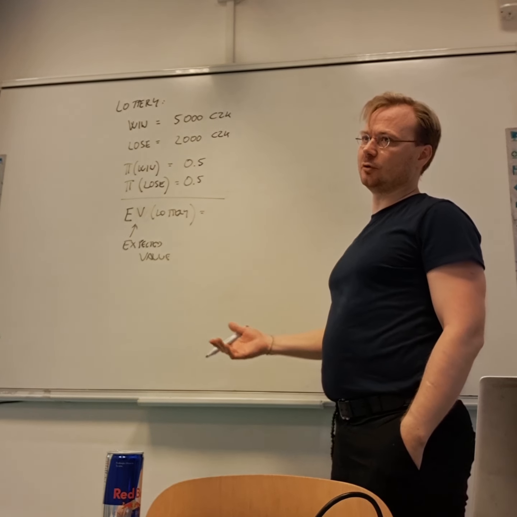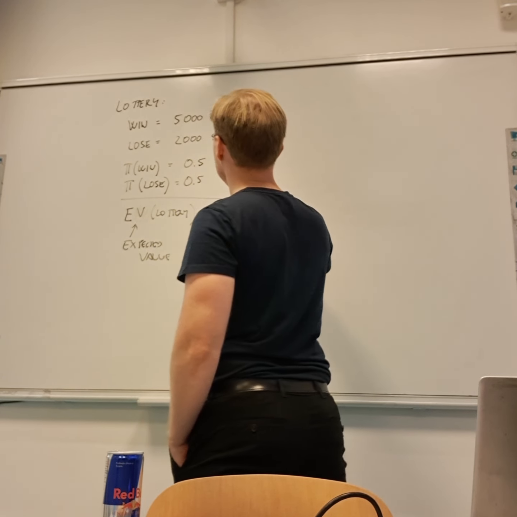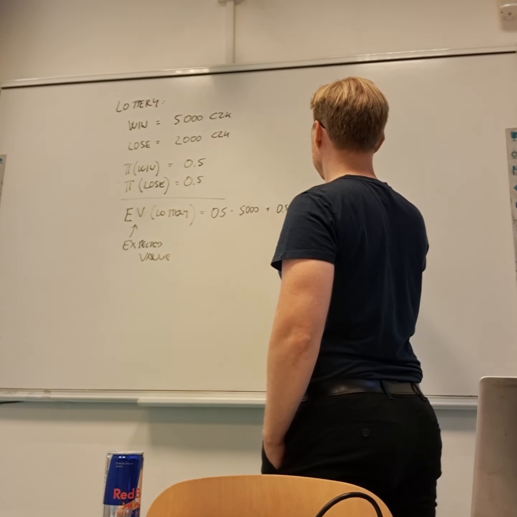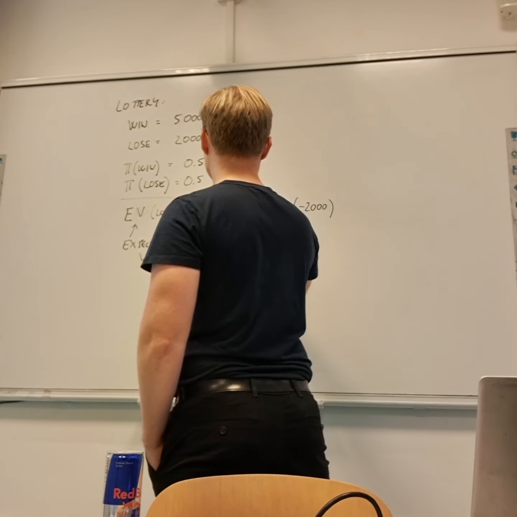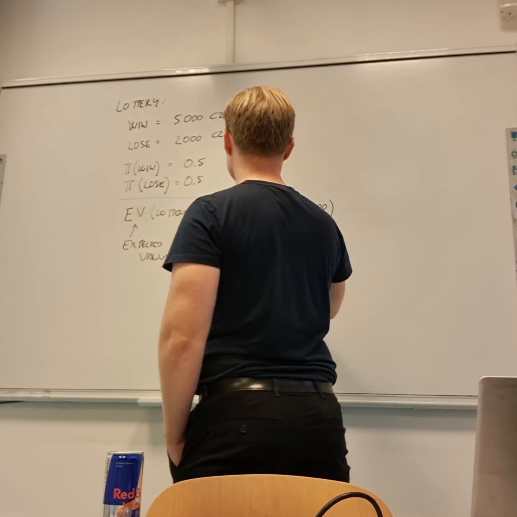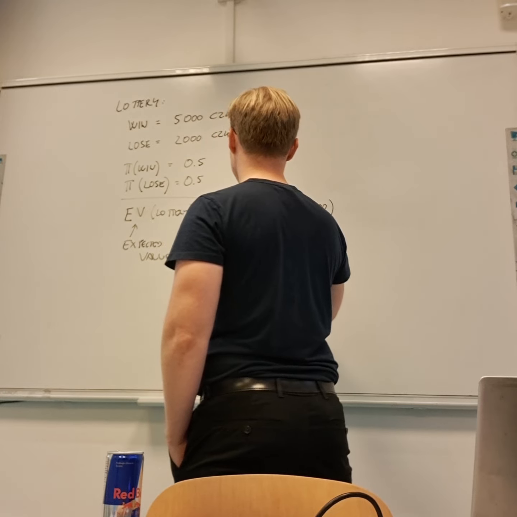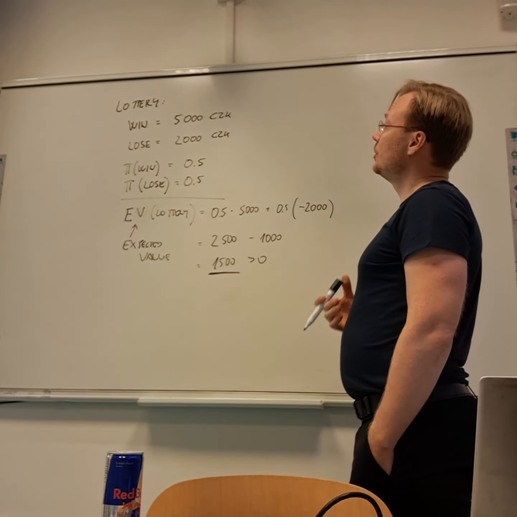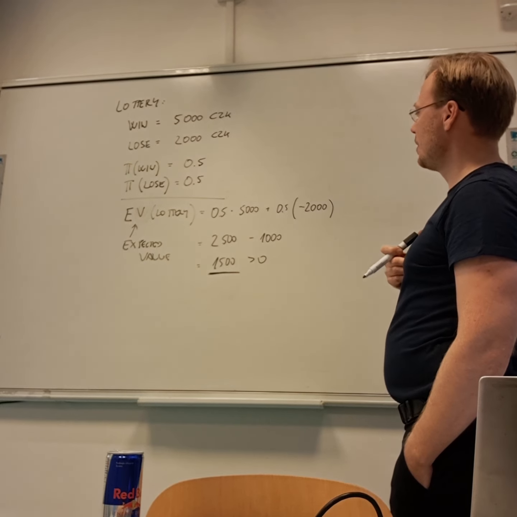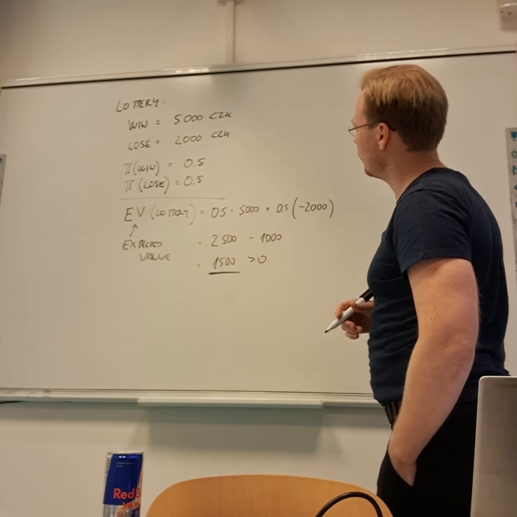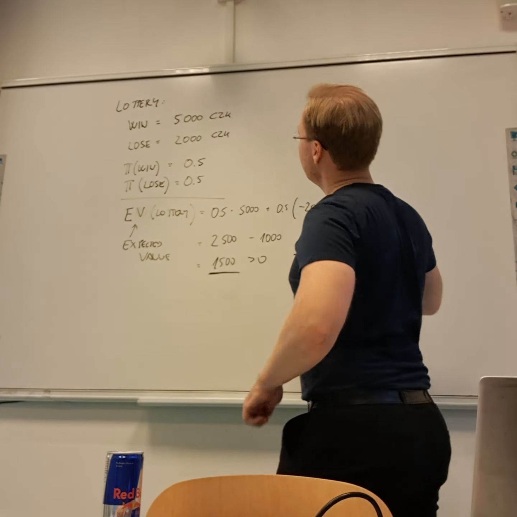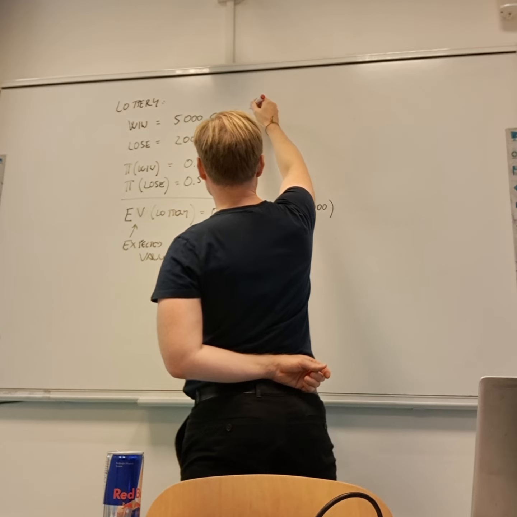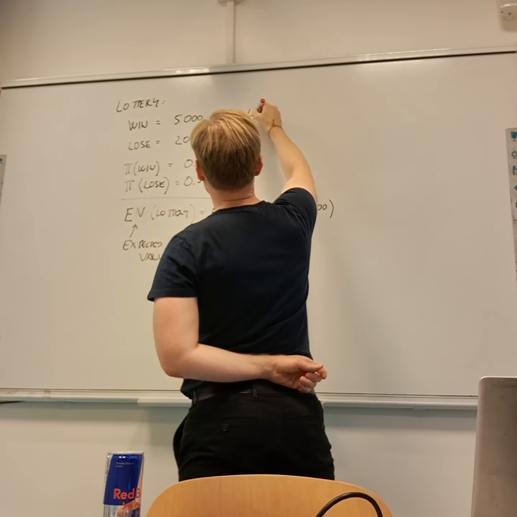Probability of win times the win plus probability of lose times the loss equals the expected value. 0.5 times 5,000 plus 0.5 times minus 2,000, which is 2,500 minus 1,000 equals 1,500. It's higher than 1. It means it pays off to have such a lottery, to get such a lottery makes you better. What if I changed the setup? Let's say that the win would be 4,000 crowns.